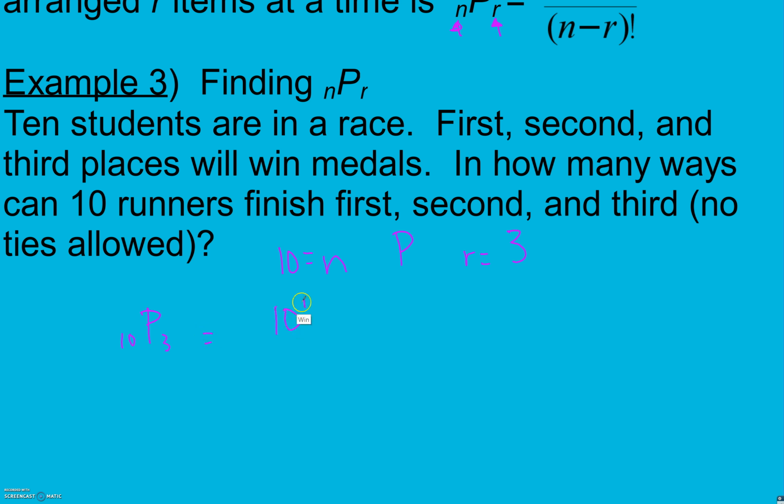It's going to be 10 factorial over 10 minus 3 factorial, which is 10 factorial over 7 factorial.